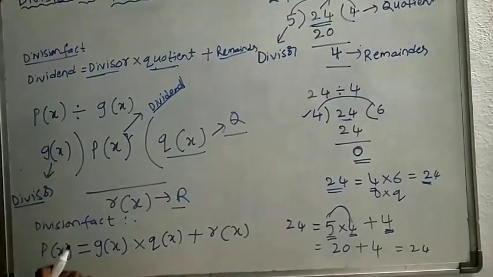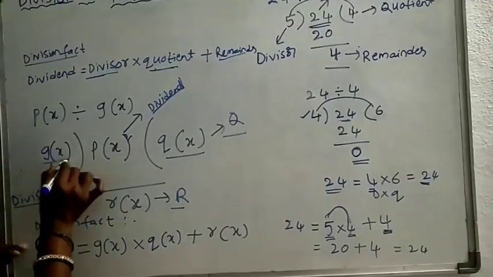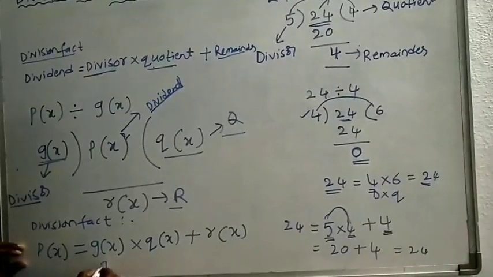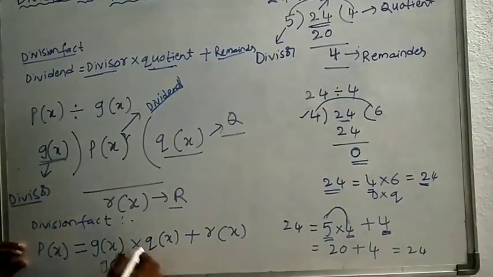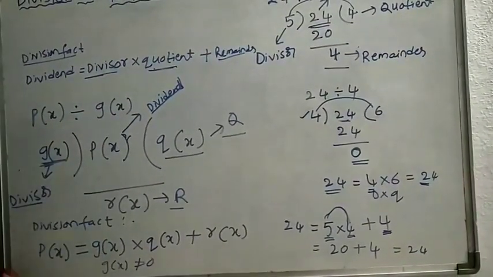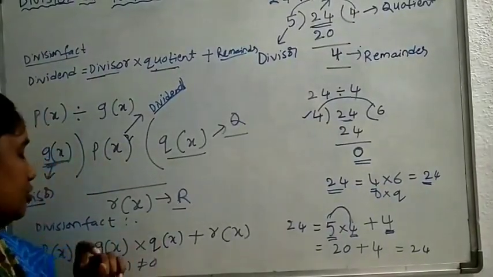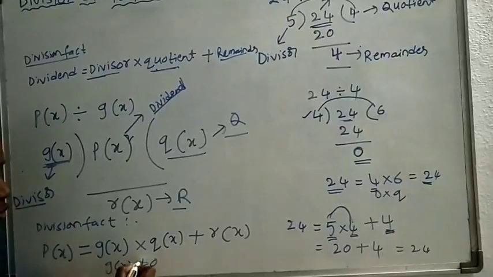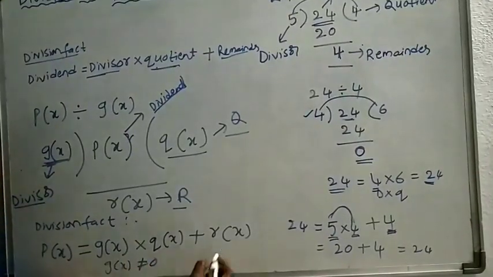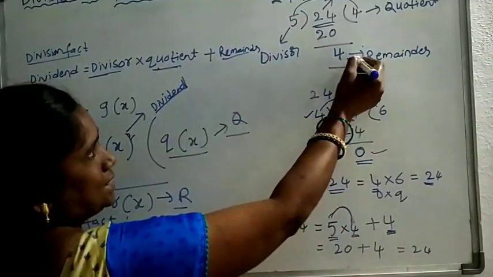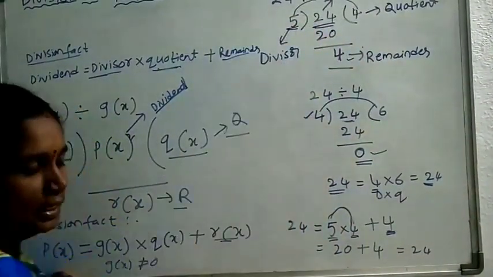Here we have some conditions. Here g of x must not be equal to 0. Why, children? If g of x is 0, is the division possible with 0? No, it is not defined. Therefore, g of x should not be equal to 0 and r of x should be 0 or less than the divisor.